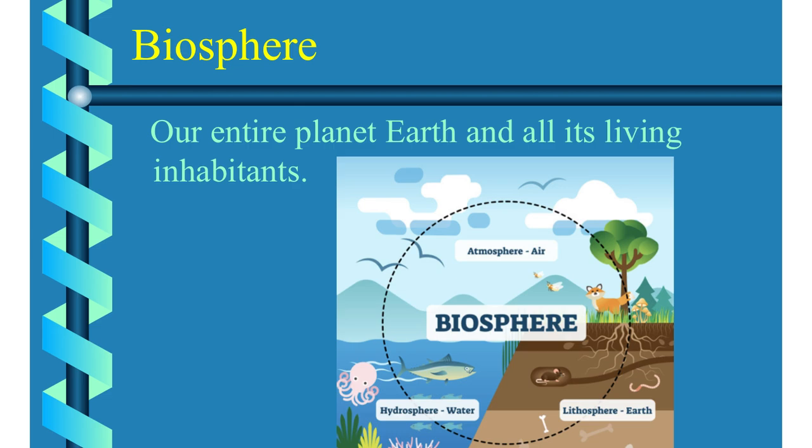Okay, we can break up the biosphere into the atmosphere, the hydrosphere, which is the water, salt or fresh, and the lithosphere, which is the land. But it's not just the water, the land, and the gases in the air. It's also the living things that live there.